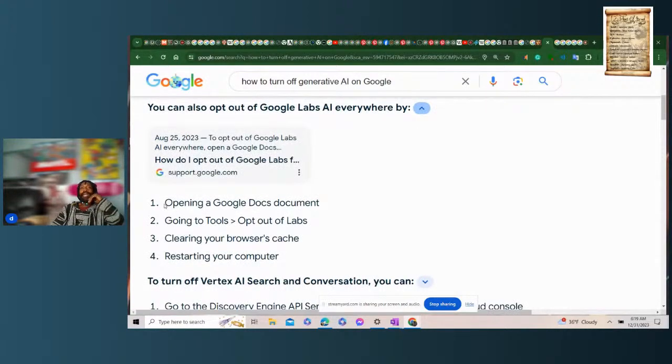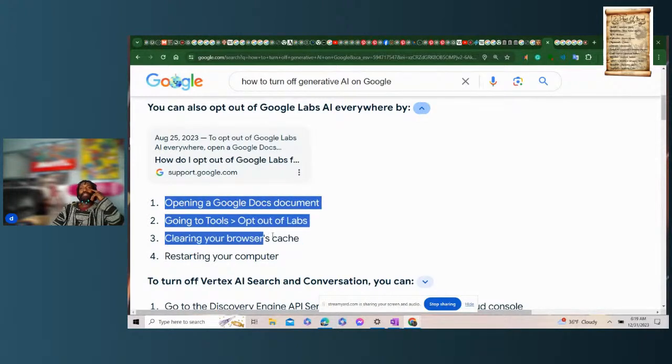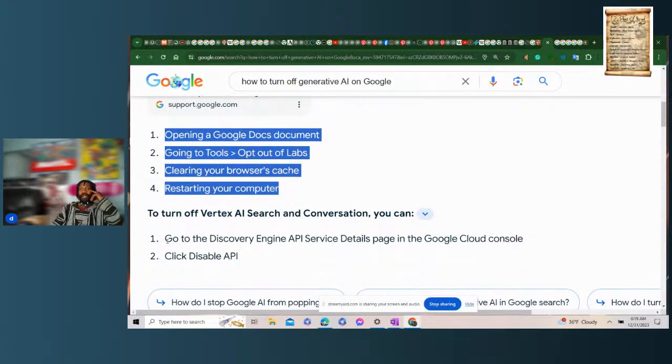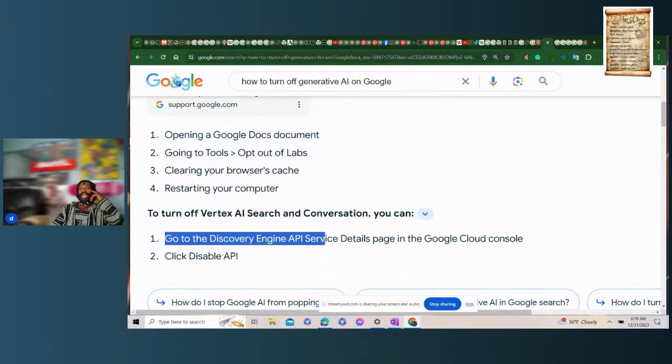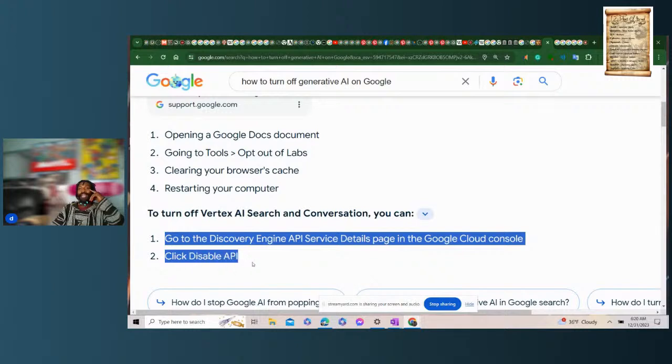Man, they make this extra super complicated. Open the Google Docs account document, go into tools, opt out of labs, clear out your browser cache, restart your computer. Go into the Discovery Engine API service details page in the Google Cloud Console. Click disable API to turn off Vertex AI search and conversation. I didn't even know I had this on here.